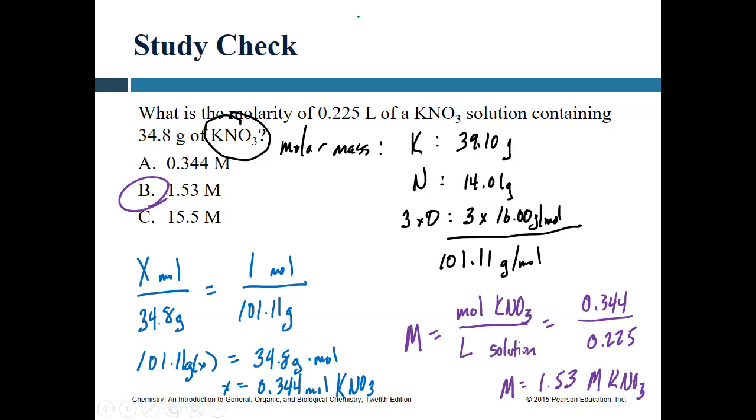So when we divided the 34.8 grams times moles over 101.11 grams, the grams would have canceled. We would have been left with just the moles. I left that part out for brevity, but that's why we were able to say that the answer for X was moles and not just nothing.